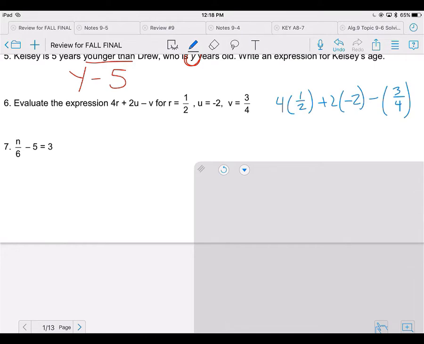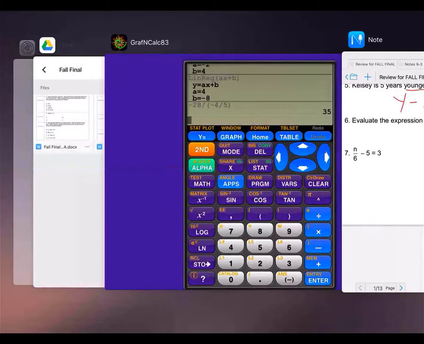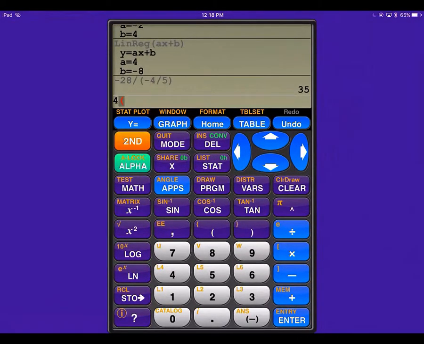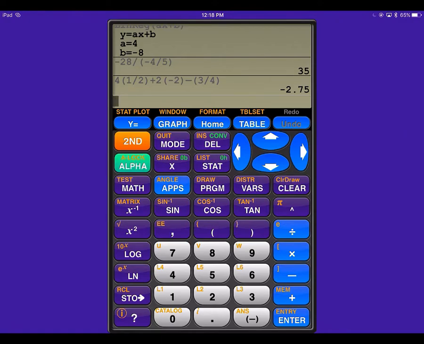In my calculator, I have 4 times 1/2 plus 2 times -2 minus 3/4.